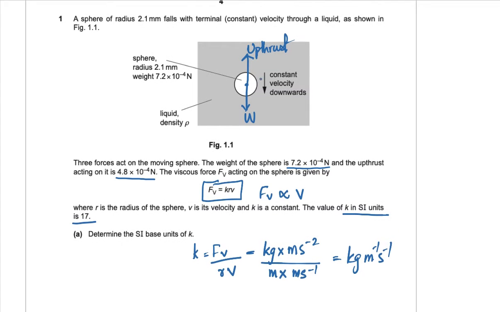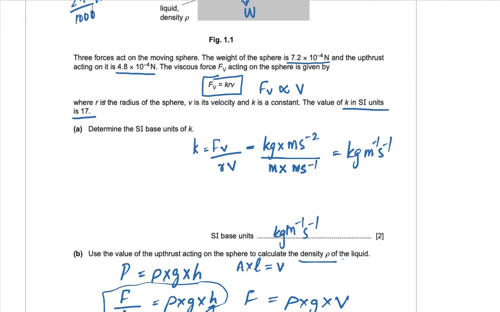The volume of the sphere is 4/3 π r cubed, where r is the radius of the sphere, and we have already been given the radius of the sphere, which is 2.1 mm. But mind that you have to convert 2.1 mm to meters. So 2.1 divided by 1000 is your radius in meters.